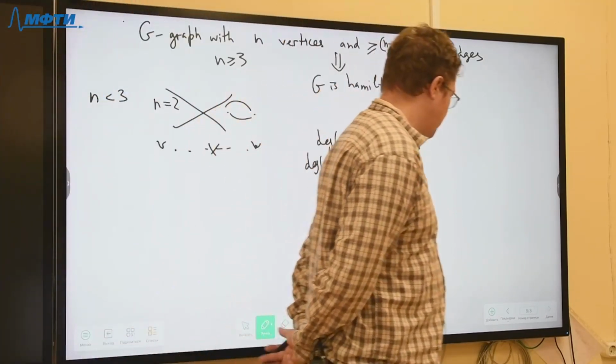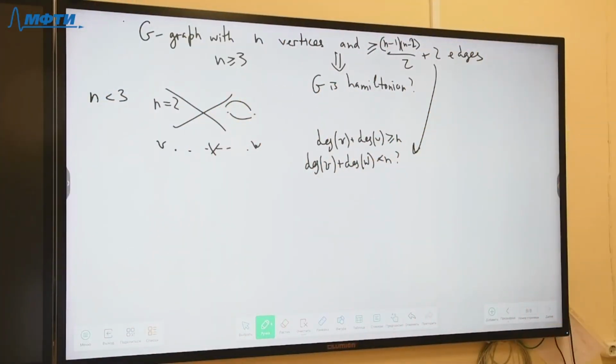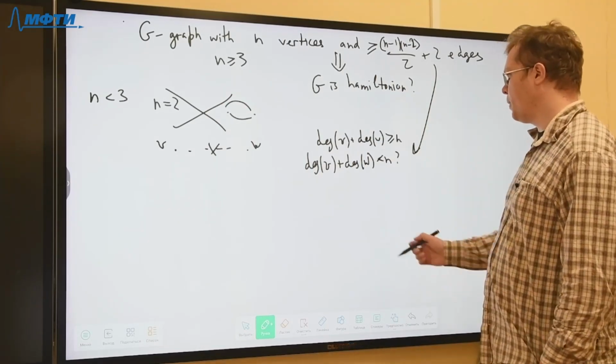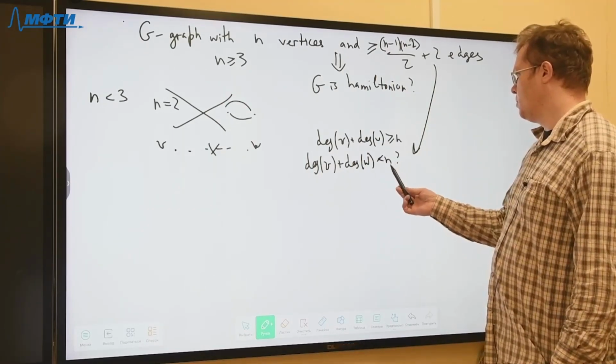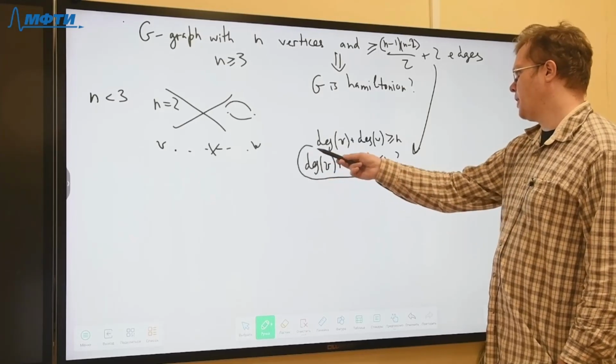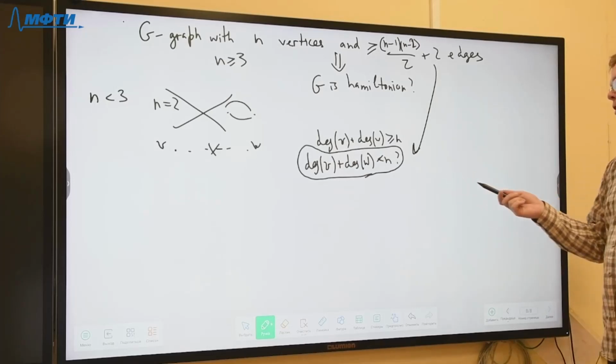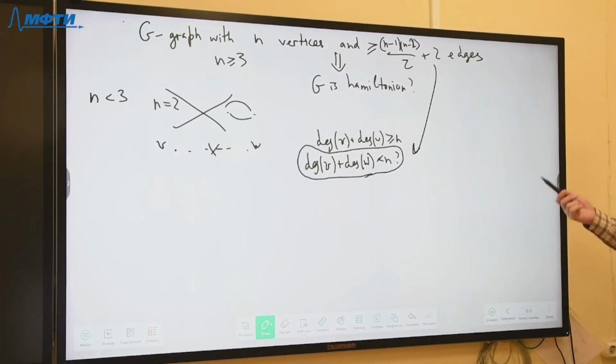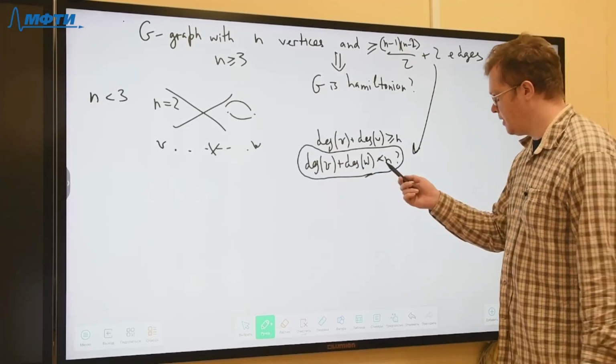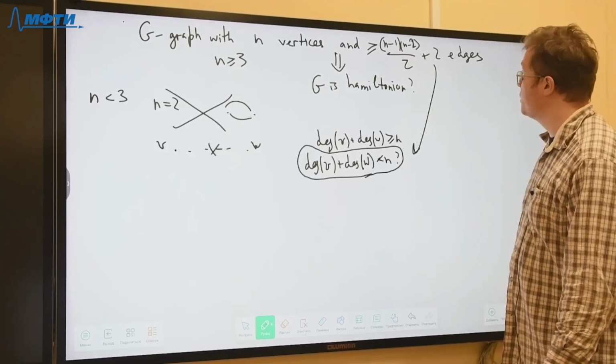Yeah, maybe someone has ideas. No? So how to, can we calculate? So how many edges do we have here? So how many edges do we need to delete from complete graph to obtain this inequality?